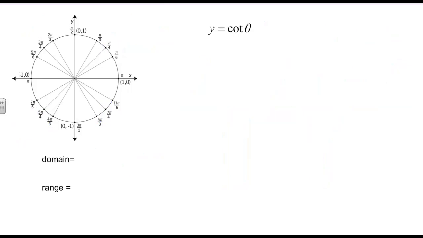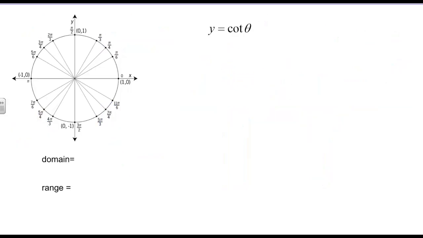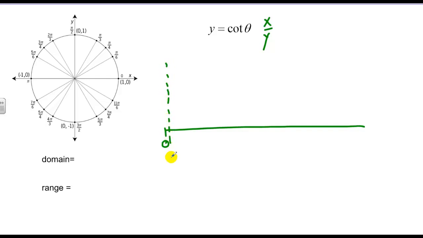If we look at cotangent, which is the reciprocal of tangent, unfortunately, if I look at my other graph, finding the reciprocal of an undefined value, we don't know what that's going to be. So we're going to have to generate cotangent from our unit circle again. We know cotangent is the same as x over y. So again, I'm going to start at 0. And if I take my x value over my y value, I find out that's undefined.